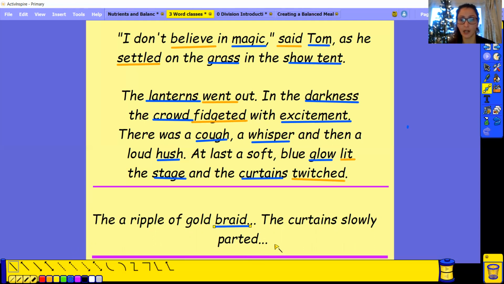Well done if you said curtains. So let's do our verbs. Again, have a quick pause if you need to. The ripple of the gold braid. Well done if you said ripple. The curtains slowly parted. Remember, what's the action word there? Well done if you said parted.